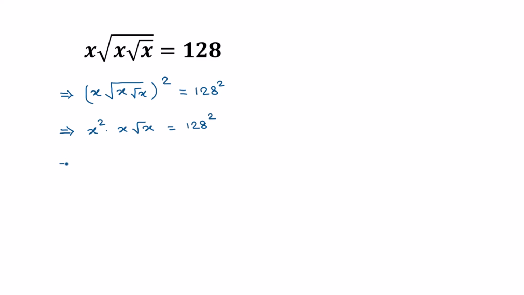Now taking a square to both sides again to remove this square root, so we will get x square times x times square root of x, and whole square, is equal to the right side, 128 square and this whole square.